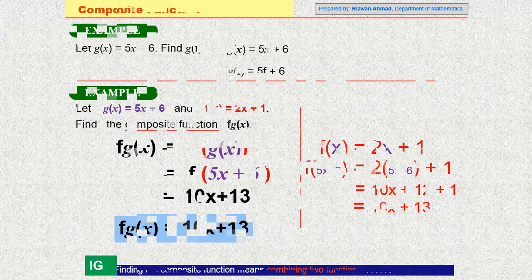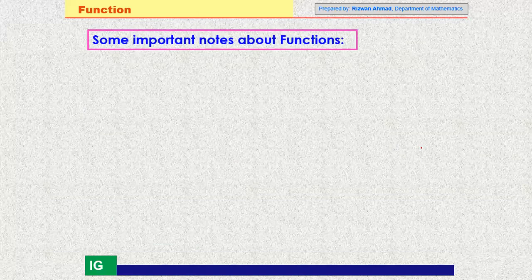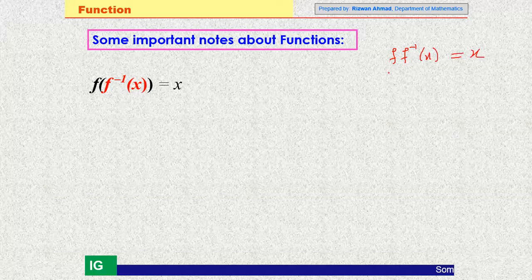Okay, then some important notes about the functions. There are only two notes we will consider here. If we are to find the composite function f of f inverse of x, remember it is always equal to x, because a function and its inverse cancel out each other.